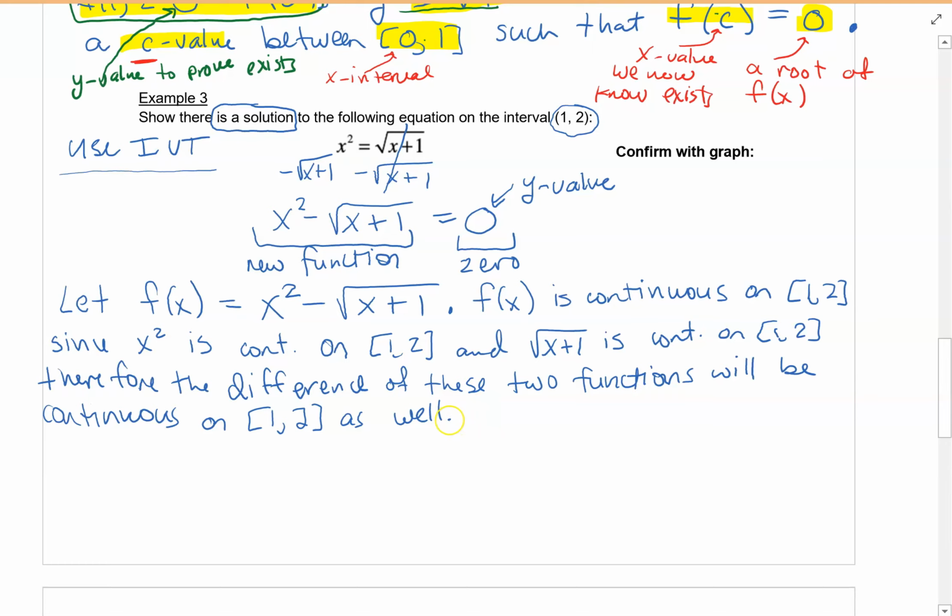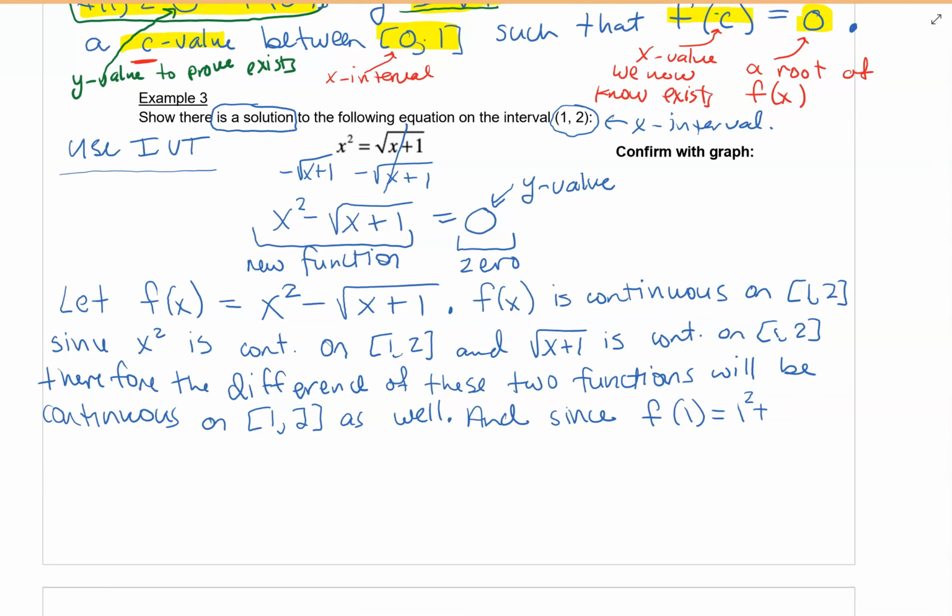Now, what we need to show next is that this y value is on the y interval. So this 1 to 2 is my x interval. What I need to do now is find the y interval. So I'm going to say, and since f of 1, and then I evaluate that at 1.